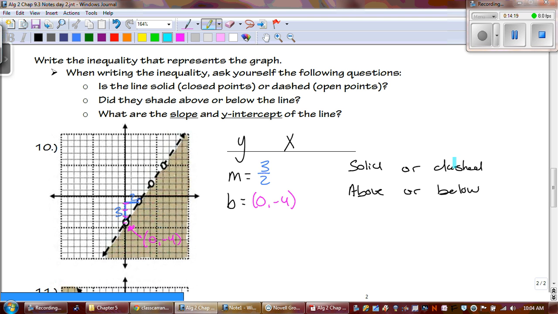Okay, well this is a dashed line. And did they shade above or below? Below. Okay, so with that criteria, dashed and below is the less than symbol. Okay, so now we just fill in the blanks. So y is less than 3/2 x minus 4.